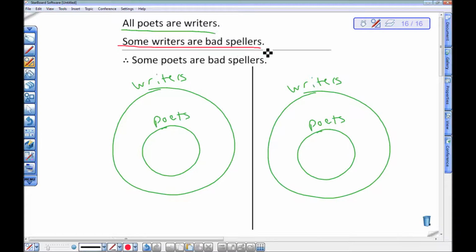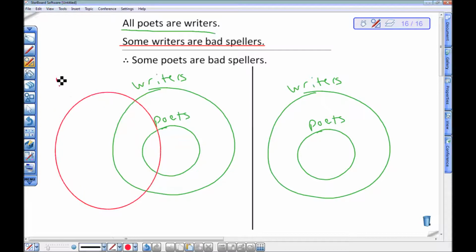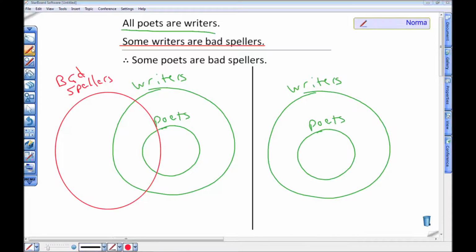So some writers are bad spellers could look like, so here's a circle for bad spellers. And some writers are bad spellers, I could have a dot here to represent some of these are those. Okay?